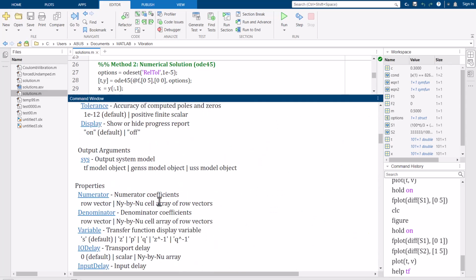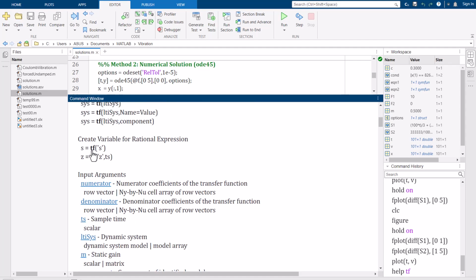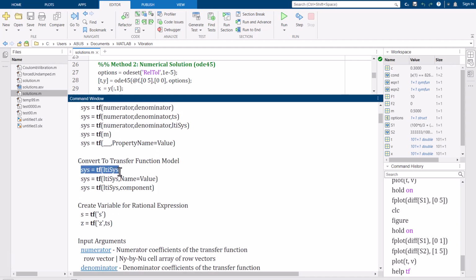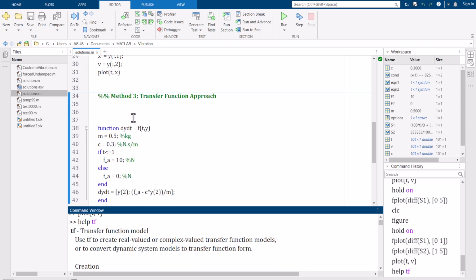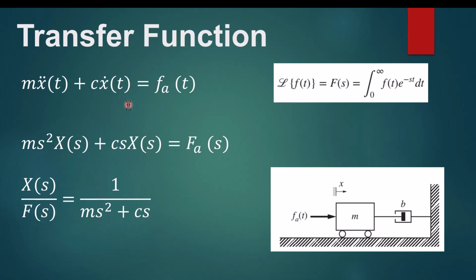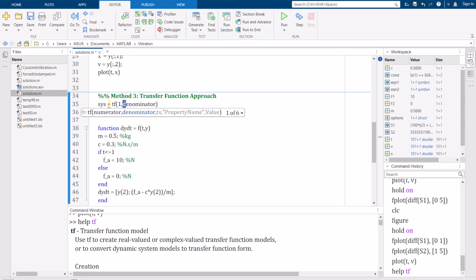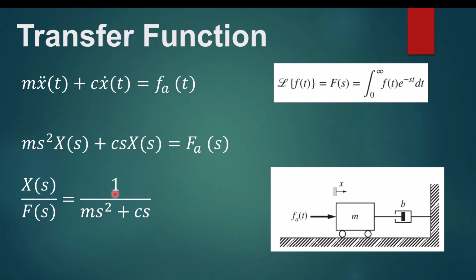And this is the syntax. It takes the numerator and denominator. So the numerator is 1, and the denominator has to be defined in polynomial approach. I have a separate video on how to work with polynomials in MATLAB.